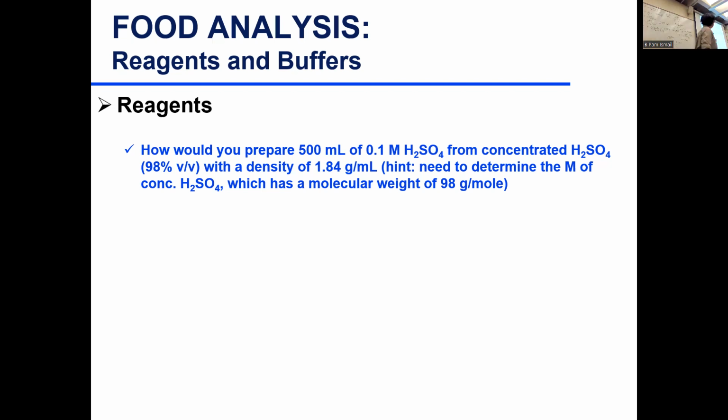They give you the density of H2SO4, 1.84 grams per milliliter. So if you have the volume and the density, you can calculate the mass.